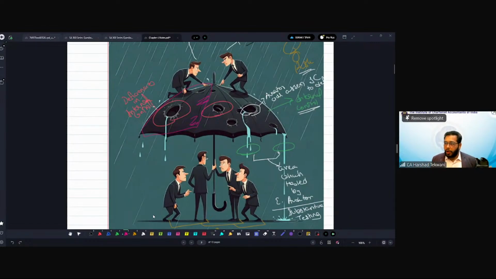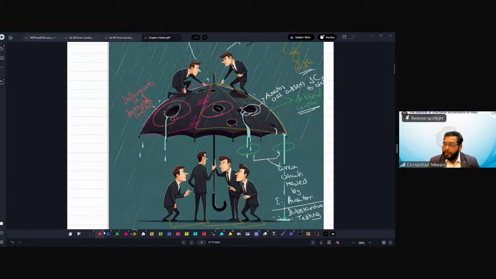So as an auditor, I will rely more on the internal controls. I will test less on the substantive side, meaning below the umbrella testing will happen less. But where there are more holes, where there are more deficiencies, areas where there are more chances of being materially misstated, I will do below the umbrella testing more. I will do substantive testing more. And this whole approach is the risk-based audit. I identify the risk, I test the risk.